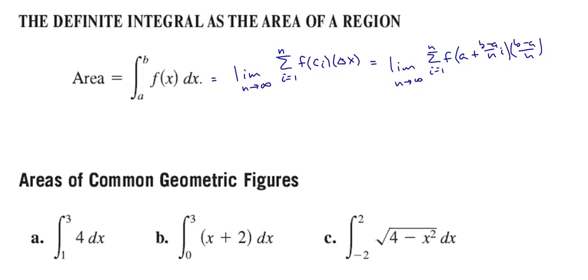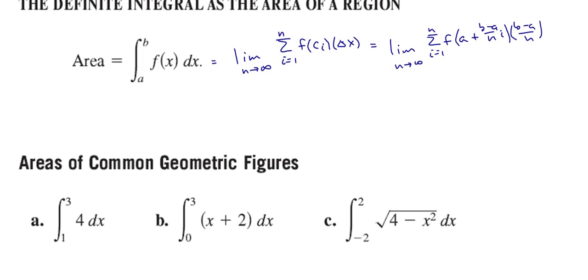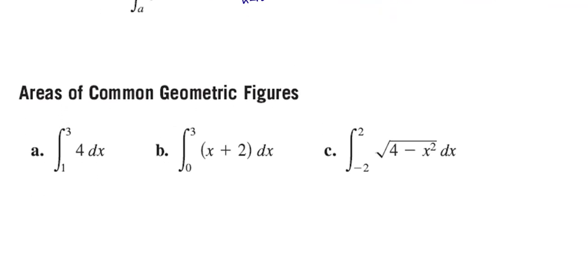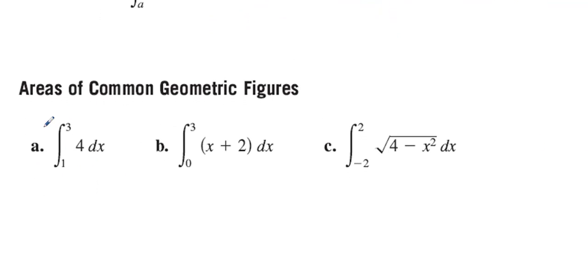All right. Connecting those areas to common geometric figures. Now, if we look at this one, a couple of us were struggling with this a little bit, so I thought I'd go over it again. If we had to graph this, this is the function 4, which is a horizontal line.